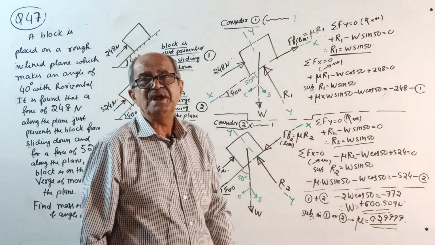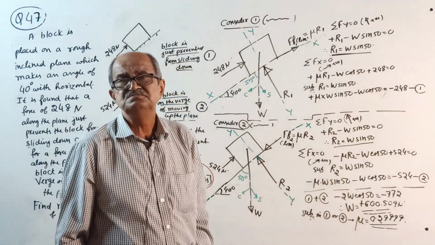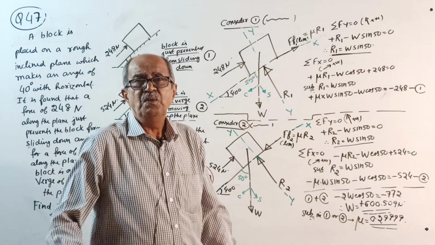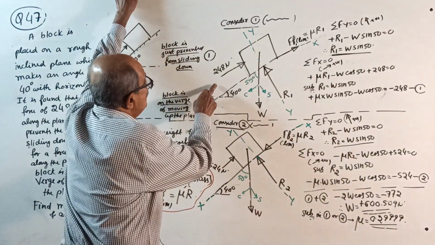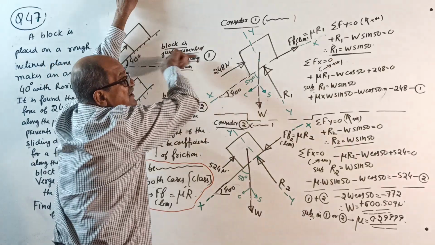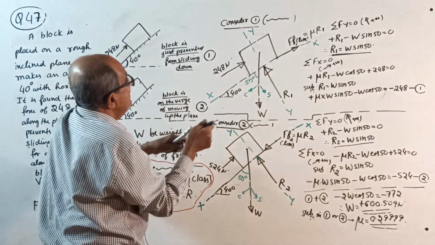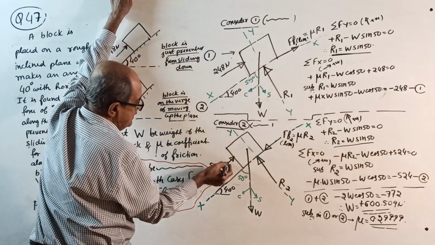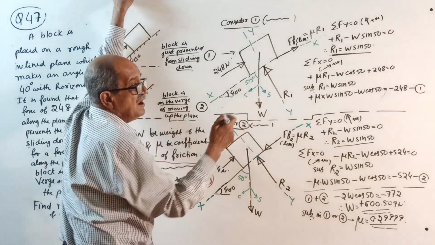You do not know the subject properly, you are unnecessarily taking two separate unknowns. I will tell them, okay, if you do it that way, by chance in the question, if they give not 248 along the plane, suppose they say a horizontal force of 248 Newton prevents it from sliding, and a horizontal force of 524 makes it move up the plane.